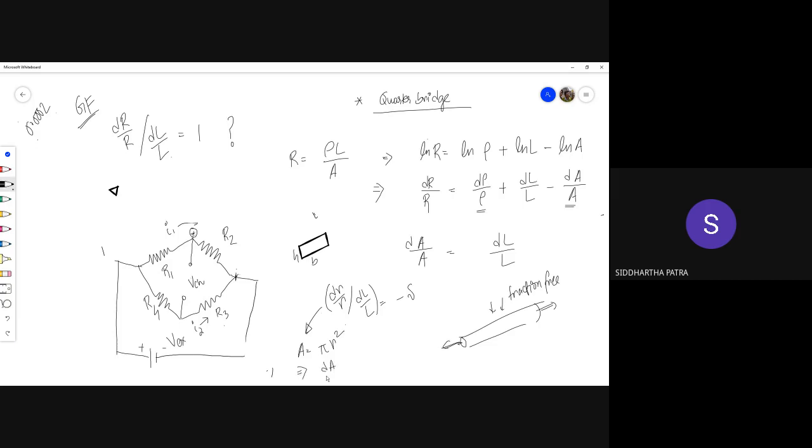So dA, so I can write ln A is ln of a constant, which is a constant, twice ln R. Therefore, dA by A equals twice dr divided by R. Simply derivative of this quantity is 0, right? Which means this quantity is simply this. Would you agree to that?